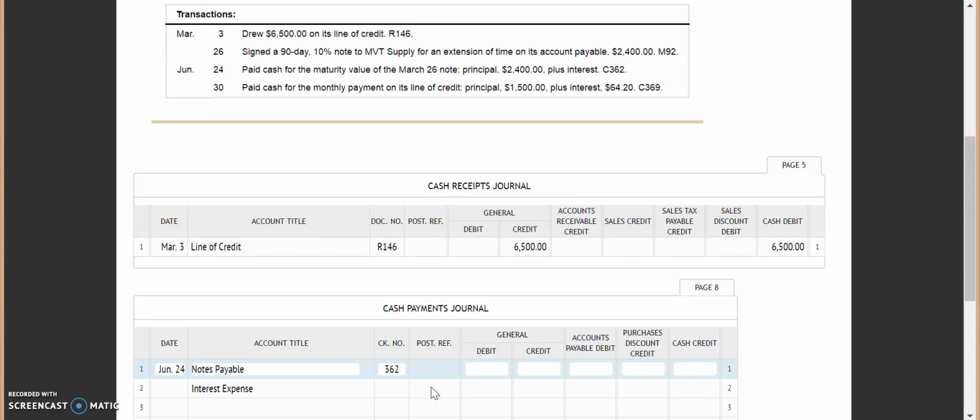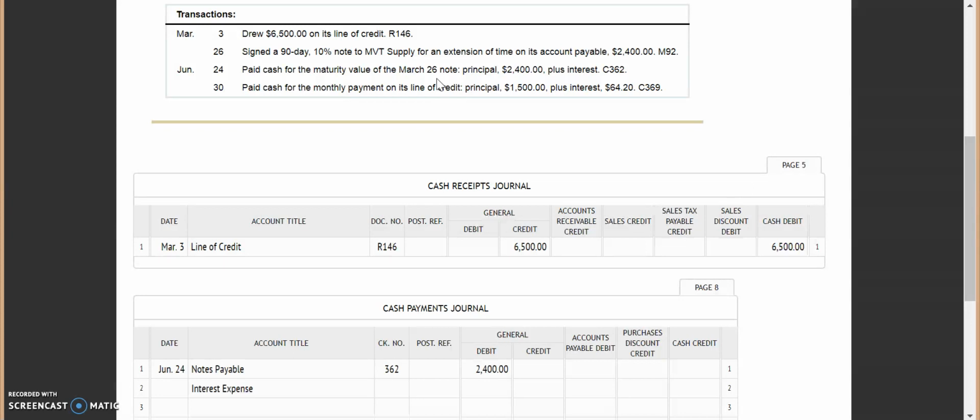And then what we need to do is do a little figuring. Our notes payable amount was $2,400. So that's our principal value that we're paying off. The next thing we have to do is calculate that interest expense. This is where I know some of us have had troubles in the past. We have to think about when we go back up here, we signed the note on March 26th.